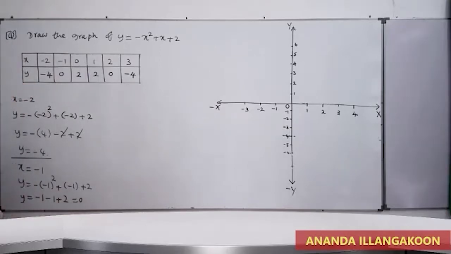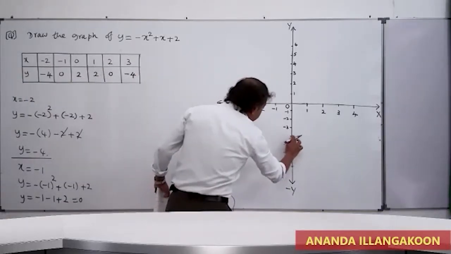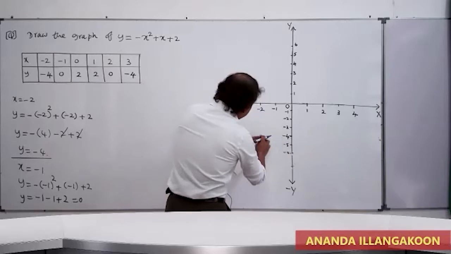Right, now we'll draw the graph. When x is minus 2, y is minus 4. Minus 4 is here. Like this. The point is this.